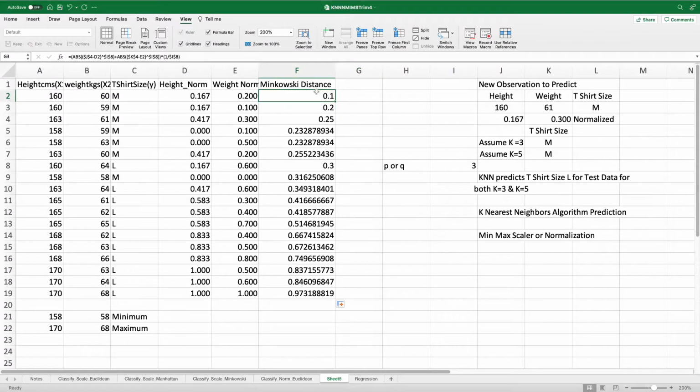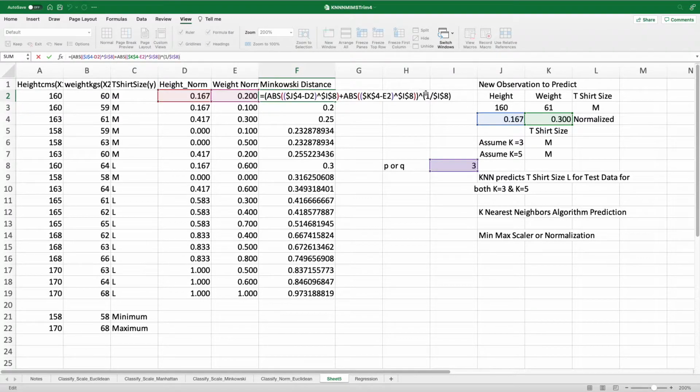Now it is correct. Right, to the power of, right? So you got the wrong values. So absolute, and then you select y2 minus y1 to the power of q plus absolute x2 minus x1 to the power of cube, to the power of 1 by cube. So we got the Minkowski distance.